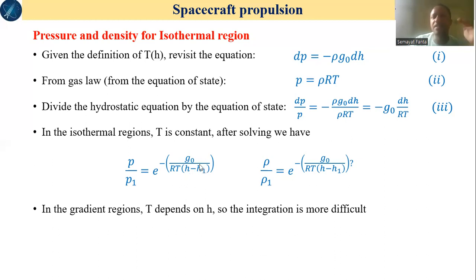So we call this delta H from 11 kilometer.